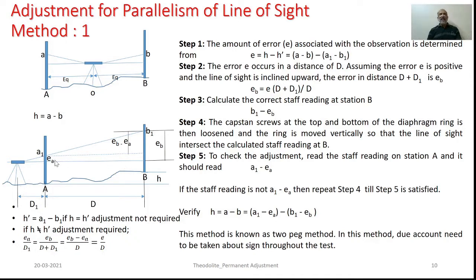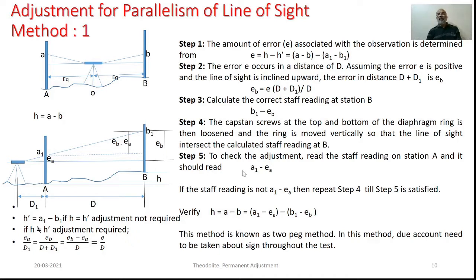So here, as we consider this particular set of lines, the error at station A by D1 should be equal to EB by D plus D1, which should be equal to EB minus EA over this particular distance D, which is nothing but the error E. So as we follow this particular equation, we will be able to work out the correct staff reading required, say at station B, when the equipment is situated at distance D1 with respect to this A.